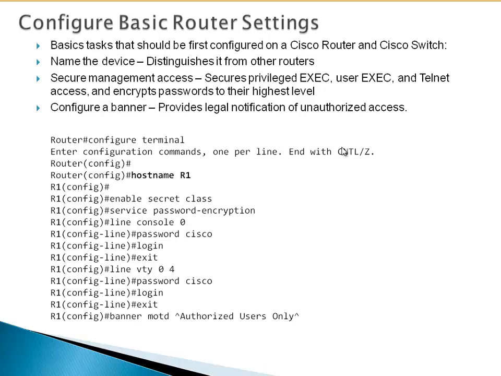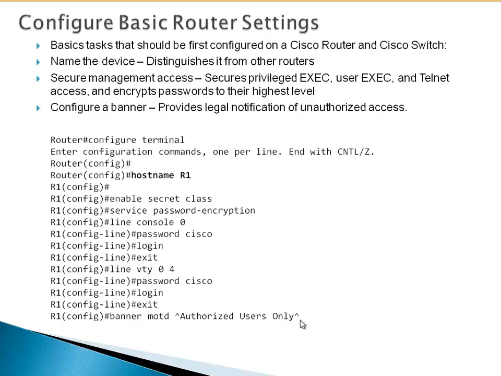For the configuration, you have to be in the global configuration mode. Type banner motd, message of the day, then a space, then the starting character. This starting character has to match the ending character. So anything between, the router will see as a banner. The router sees, okay, you started with this character, and I'm going to wait until I see the same character.